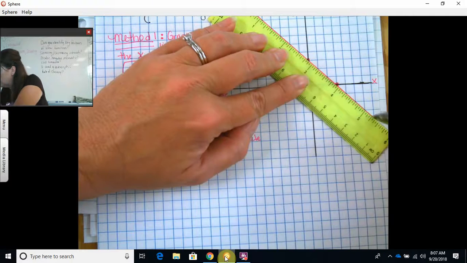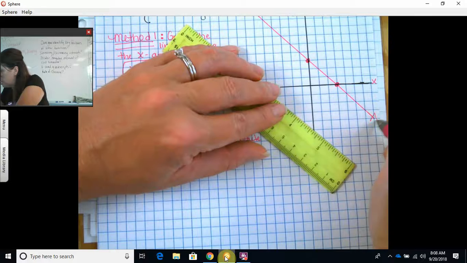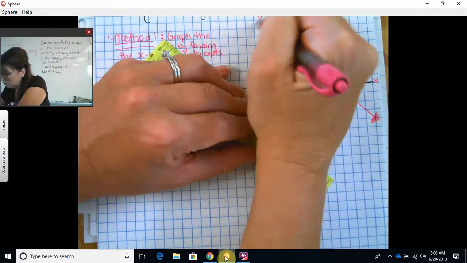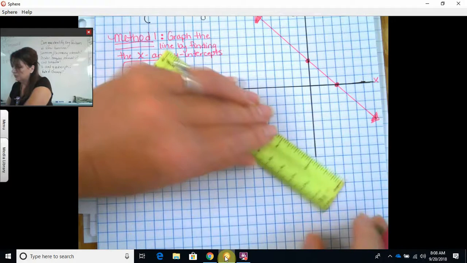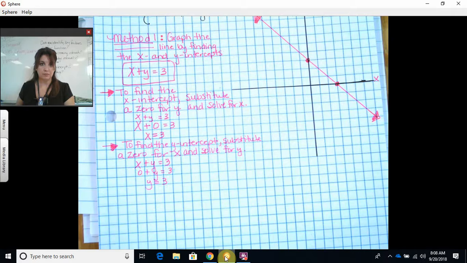So you can make that as precise as you possibly can. So I've only graphed one line, okay, using the x and the y intercept.